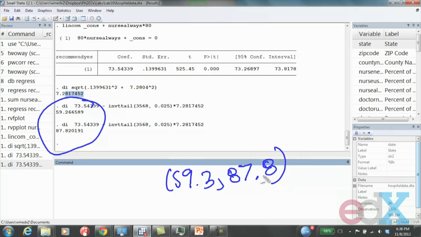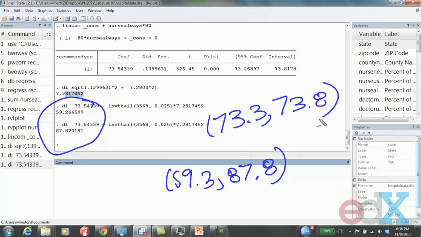And this interval is a lot wider than the intervals that we saw when we predicted the expected value of yi when x was equal to 80. That interval was only 73.3 to 73.8.